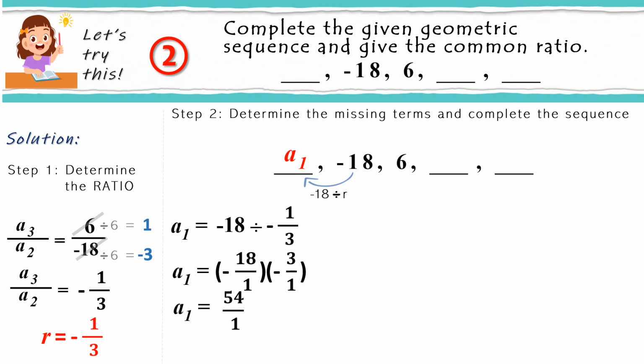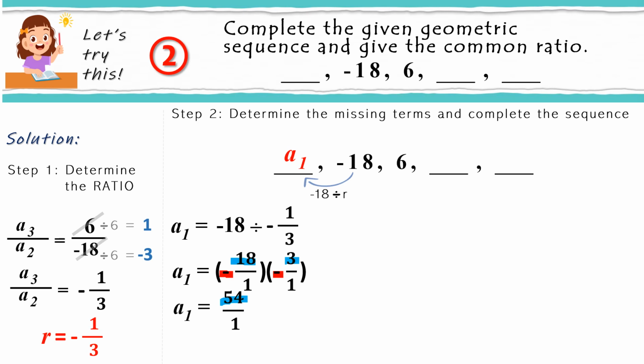So, that is 18 times 3 is 54. And then, we have negative times negative is positive. So, wala ng sign dito.